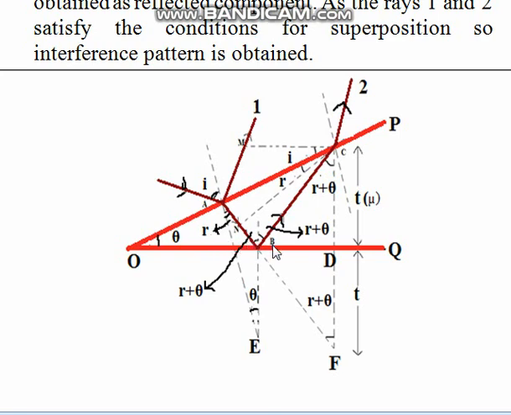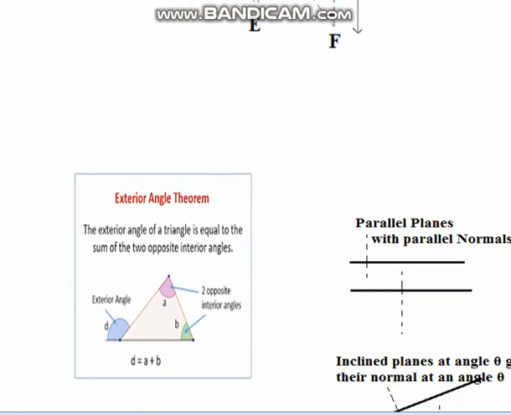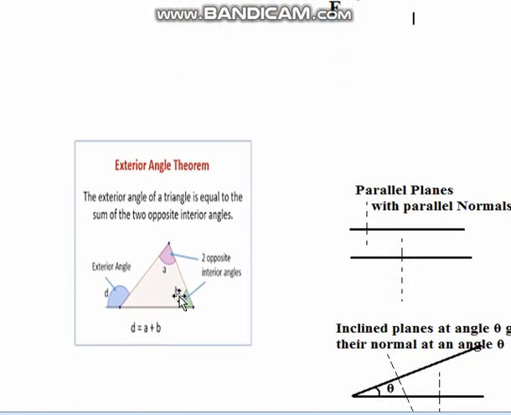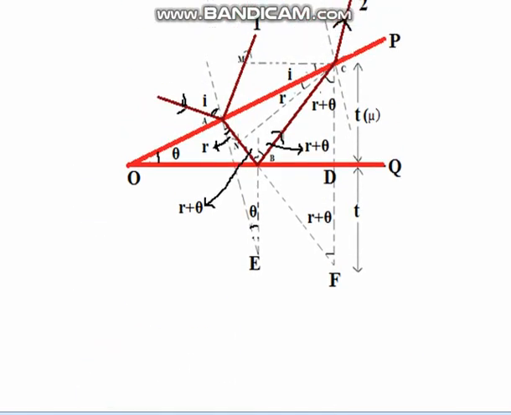Now see the triangle BAE. In this triangle, this angle is the exterior angle of the triangle. What is the rule about the exterior angle? You can see here, this is the triangle. Here D is the exterior angle, A and B are the interior angles, so D is equal to A plus B. We use this rule here.